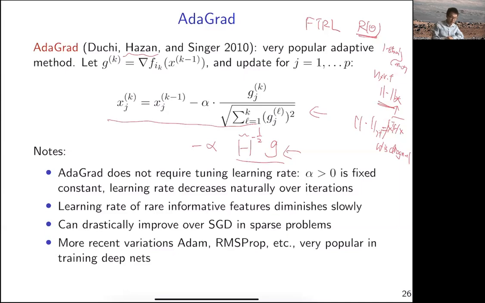AdaGrad is a masterpiece. Later extensions of AdaGrad have made it one of the most popular algorithms in training deep neural networks. In particular, there is Adam, which makes small adjustments to AdaGrad and offers more flexibility in tuning the learning rate.